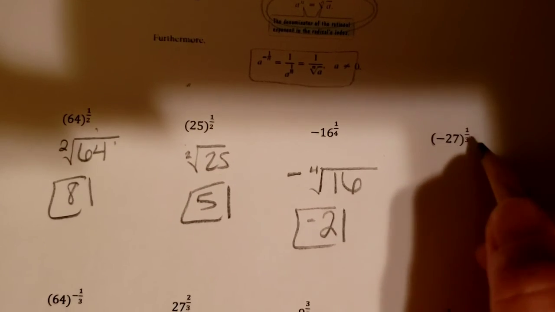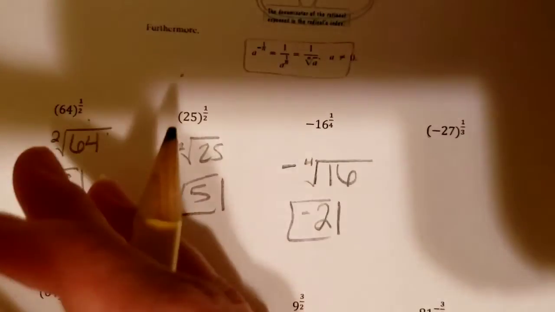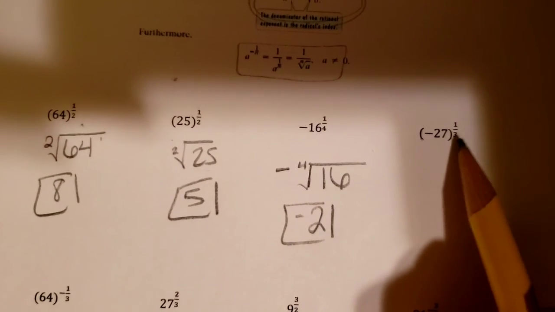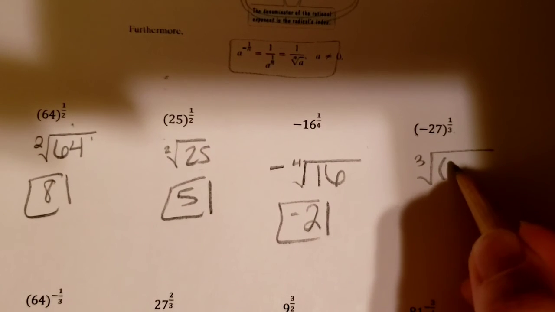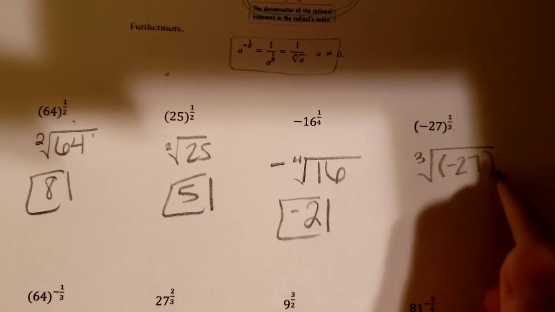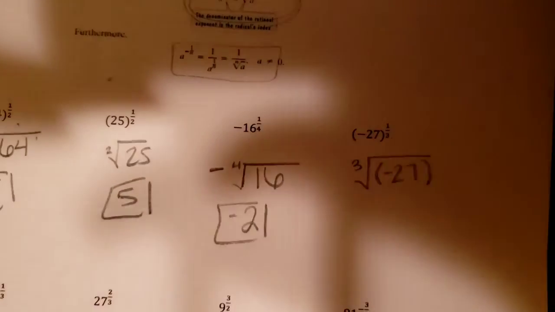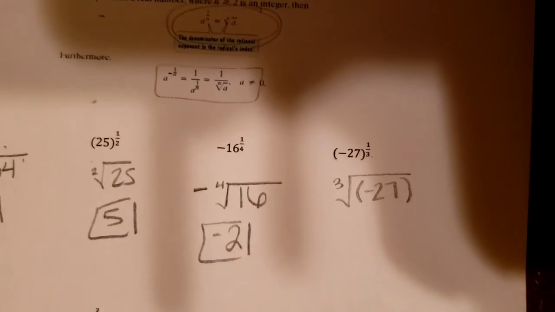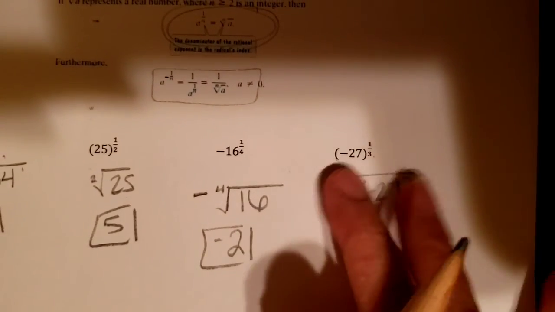This one has parentheses around it, so that operates differently than the negative sign just hanging out in front. So we're looking to find the cube root, because that's the denominator, of negative 27. Odd indexes do operate much differently than even indexes, because it's certainly possible to get a negative number when you have an odd index.